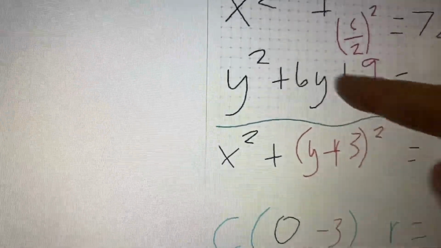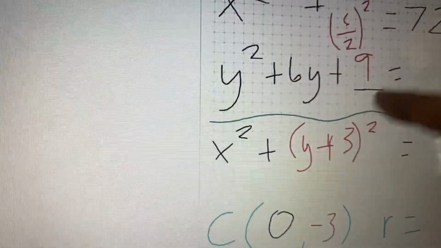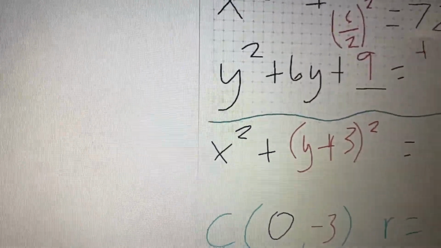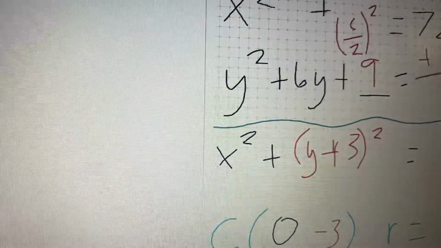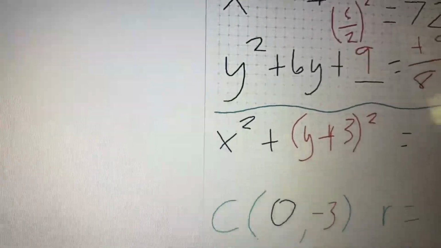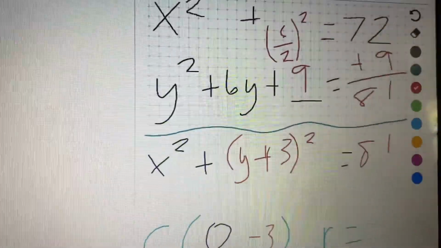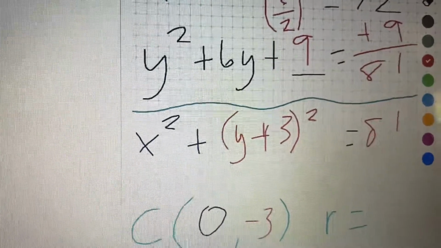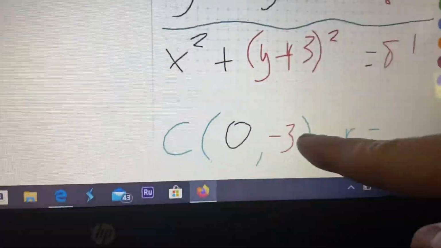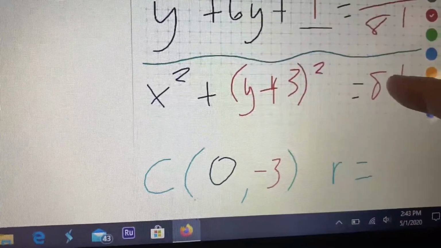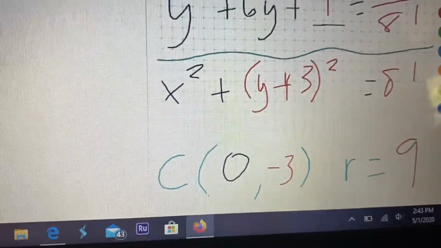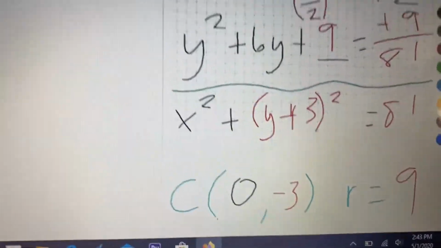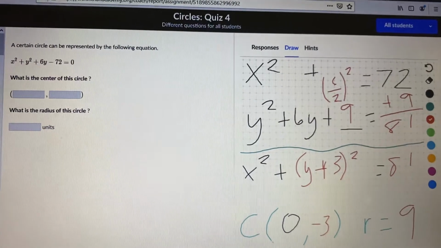That makes this a perfect square that factors to this. But if you add 9 on the left, you must add 9 on the right, which will give you 81. So here's my equation. My center is 0, -3, and the radius would be the square root of 81, which is 9. So there's one more completing the square problem to work through.